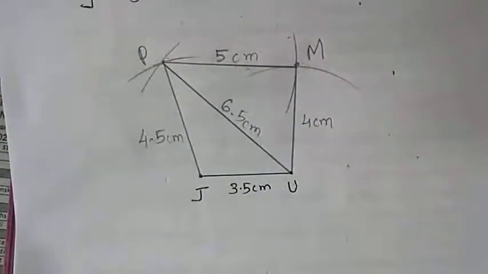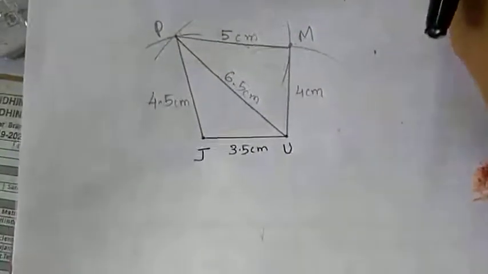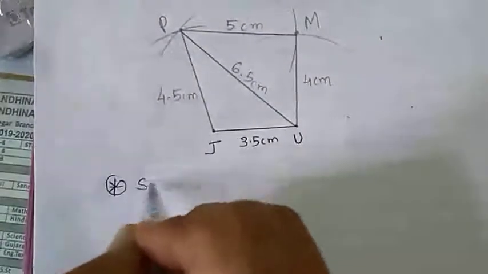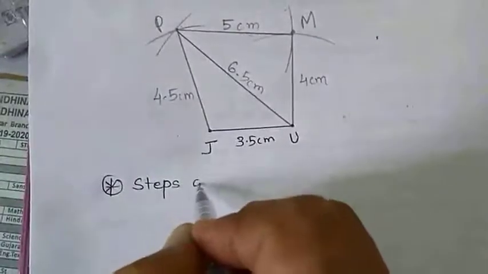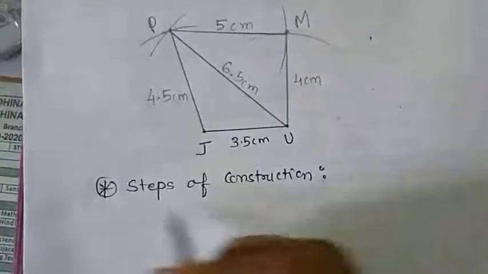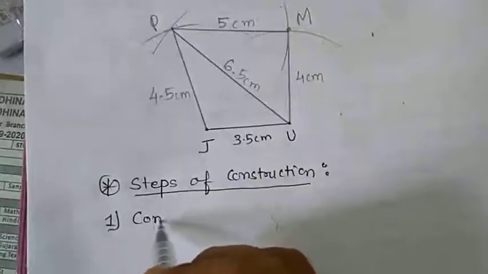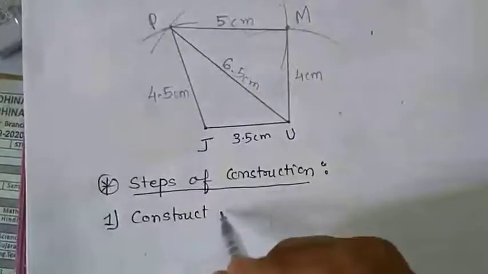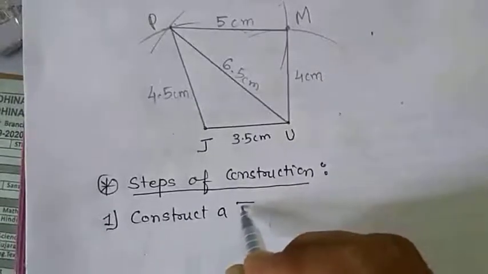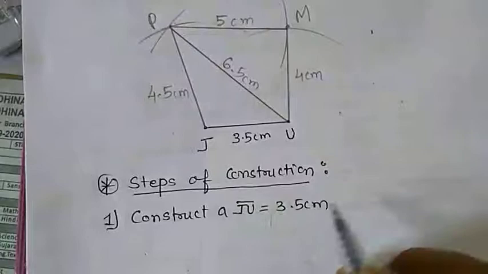Now we can write the steps of construction. In your own language also you can write it out. Okay, very simplest way you can write it. So I start from here. Steps of construction. First, what we have done, that is construct a line segment JU 3.5 centimeter.